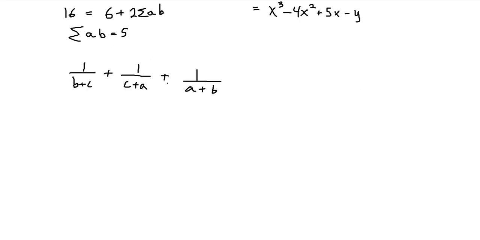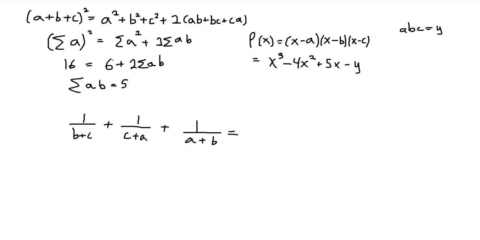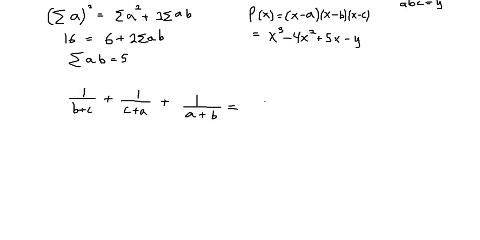Now we can notice that if we were to find some expression for this, then we could use our a plus b plus c trick again to relate it to a over b plus c plus and so on, right? Which in our case we can find entirely in numbers. So if we could find some expression for this in terms of y, in terms of this polynomial maybe, then that would be helpful for us.